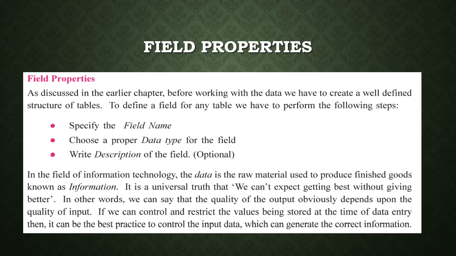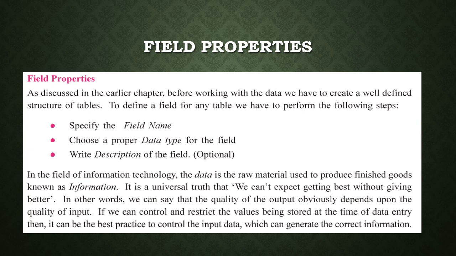And third, you can see the description, which is optional. Optional means it's not required, but sometimes, friends, to make things clearer, we need to mention some information for each record or each data type.